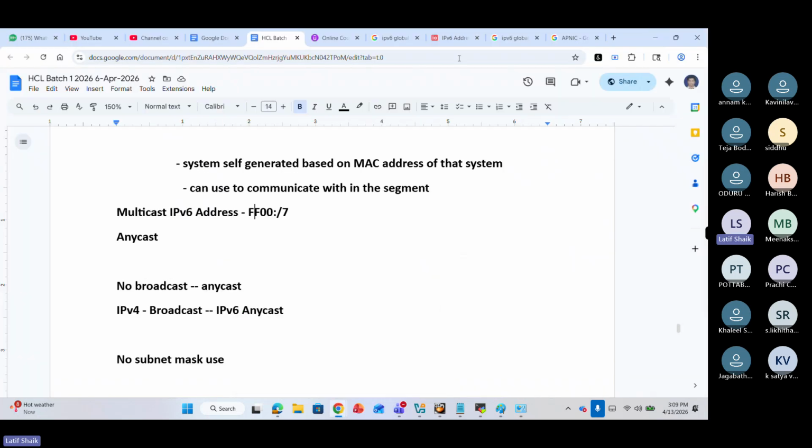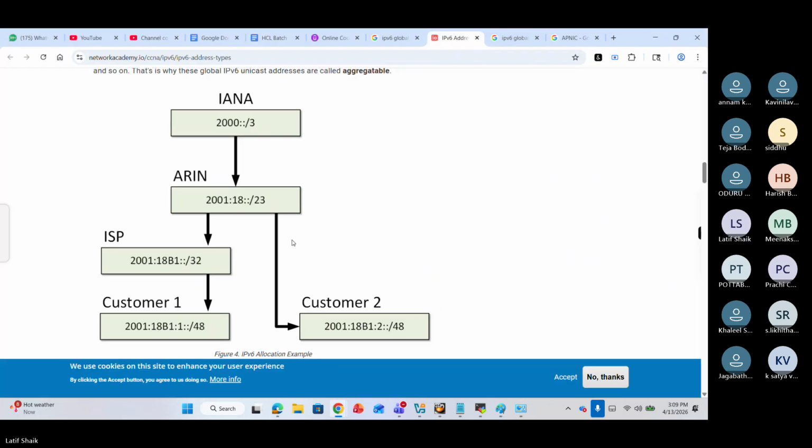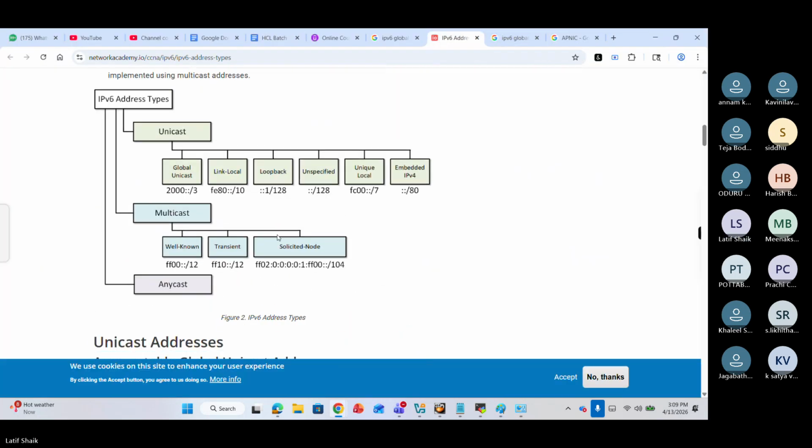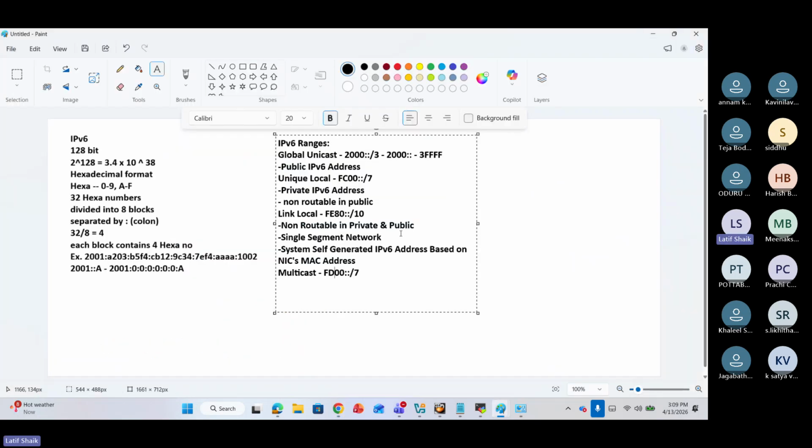With FD there are a lot of confusions, so my mistake. FF00/7/12, I'm not sure, /10 was given somewhere. So forget about the slash. When you see an IP address starting with FF00, it's multicast.